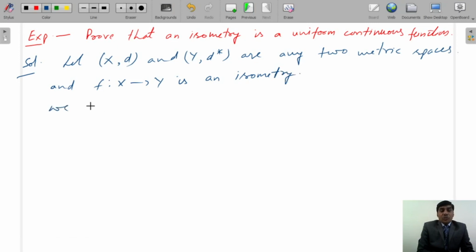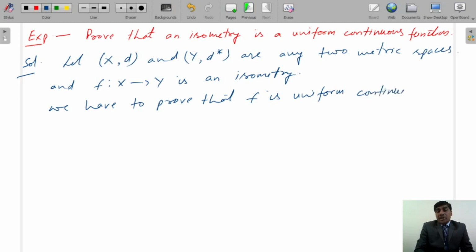We have to prove that f is a uniform continuous function.